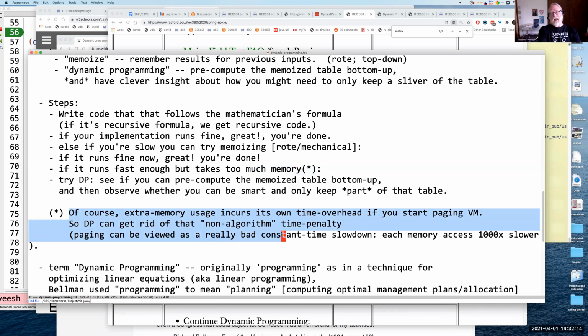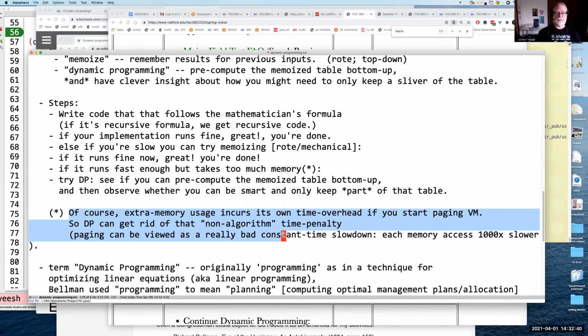So there is a time slowdown that's not related to the algorithm. It's just related to your memory. If you don't happen to ask for memory in a way that your hardware likes, such as a small amount of memory that's all together, and you start requesting memory from all over the place, yeah, there is that slowdown. That slowdown can be alleviated if you use less memory, of course.